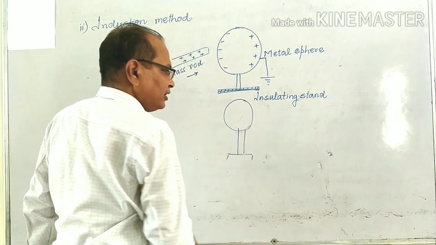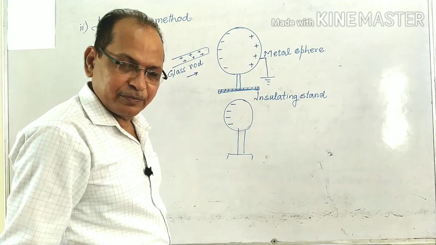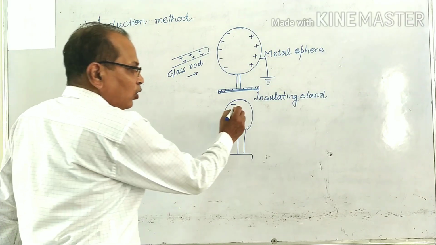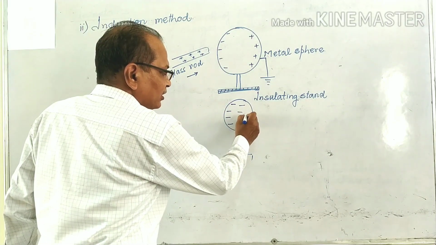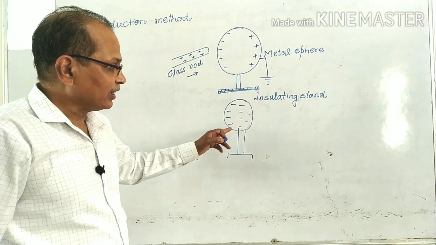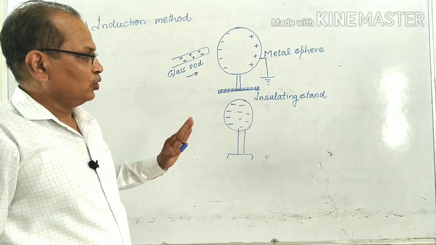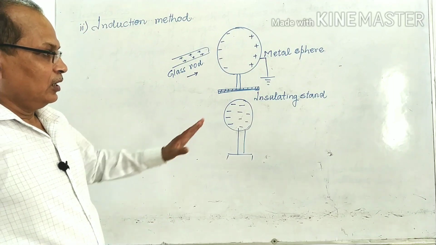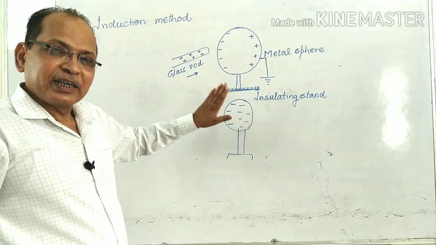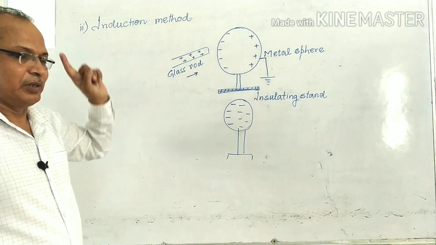This is an insulating stand. This side becomes negative, and if you remove the glass rod, then all the negative charge will reshuffle and the metallic sphere attains overall negative charge. So in this way the negative charge is developed on the metallic sphere, and this method is called the induction method.